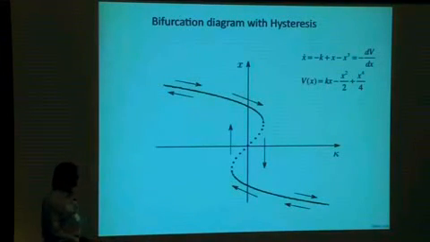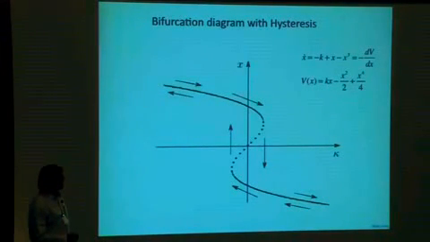I'm showing you the bifurcation diagram of a dynamic system of this form, which can also be written as a potential. Yeah? And this is the corresponding bifurcation diagram: stable fixed point branch, unstable, stable fixed point branch.